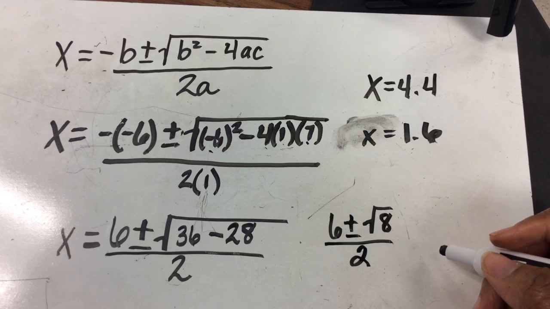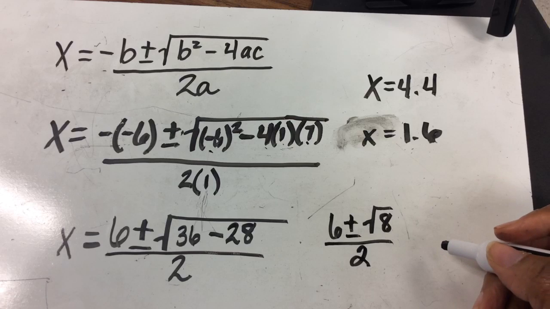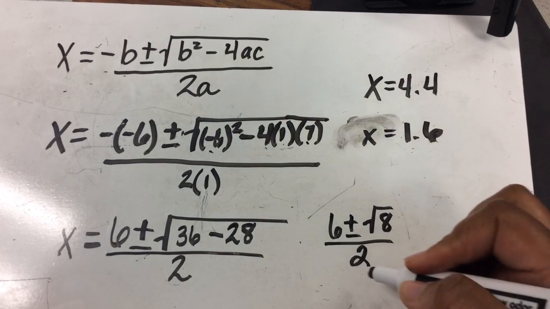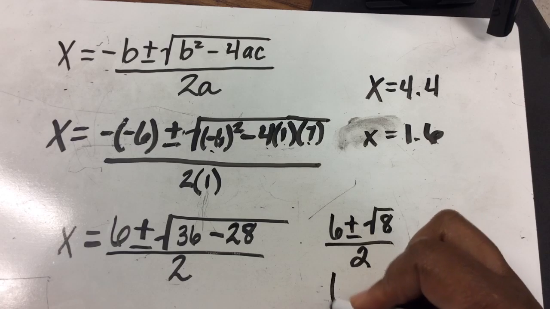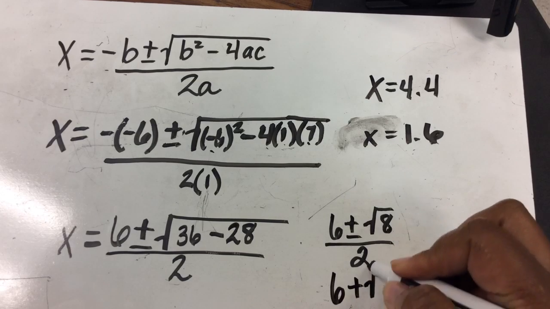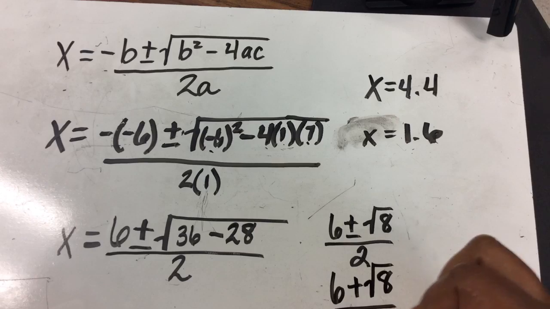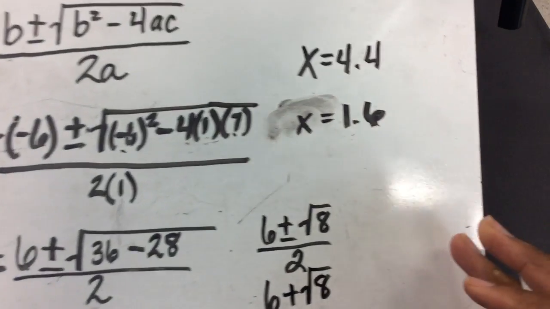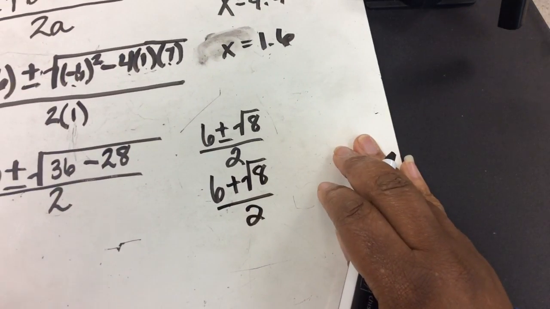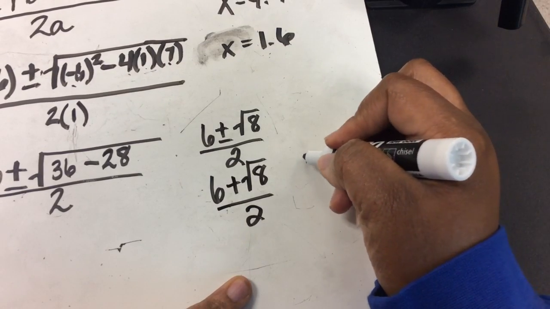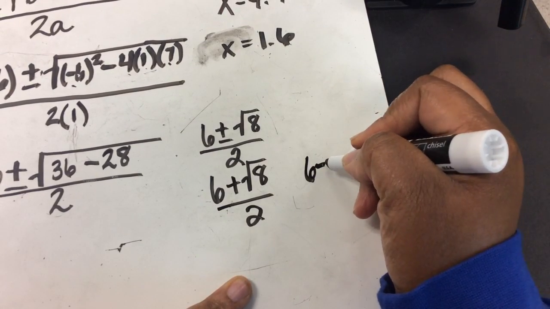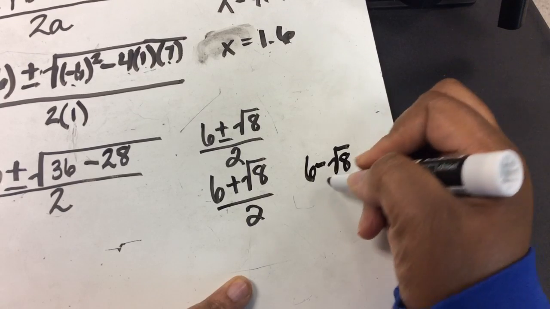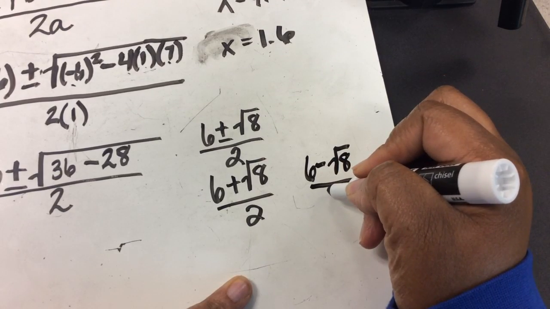We're going to break this apart into one that's plus and one that's minus. So that is 6 plus the square root of 8 over 2, and 6 minus the square root of 8 over 2.